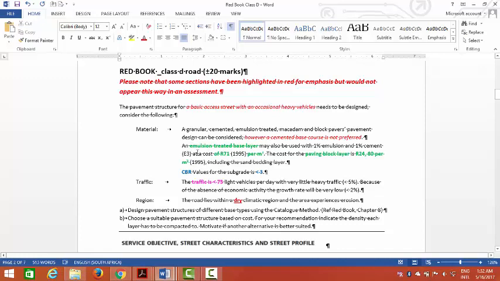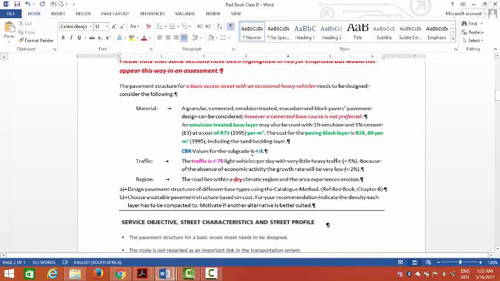It gives you a cost for an E3 emulsion layer at 71 rand per cubic meter, and it gives you a cost for a paving block layer of 24.80 per meter squared. So the volumes and the areas, it's important to remember and take these down correctly. You're given CBR information at less than 3.